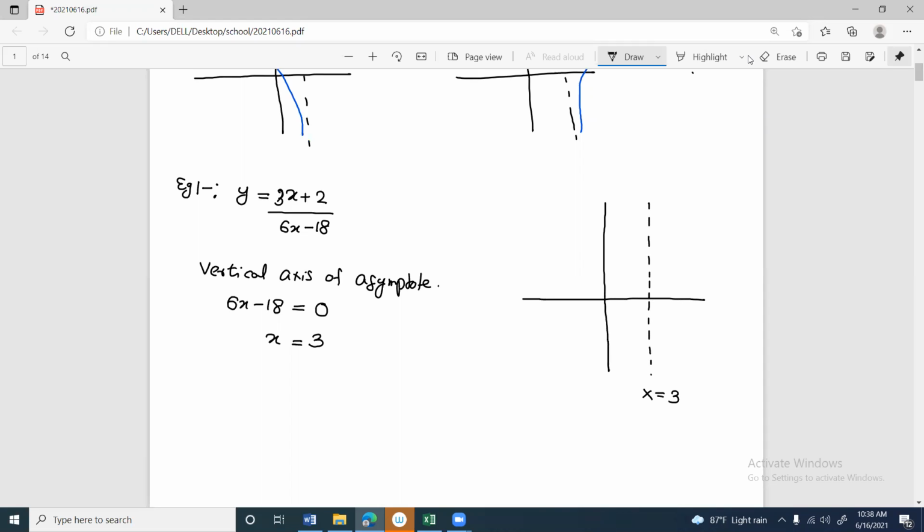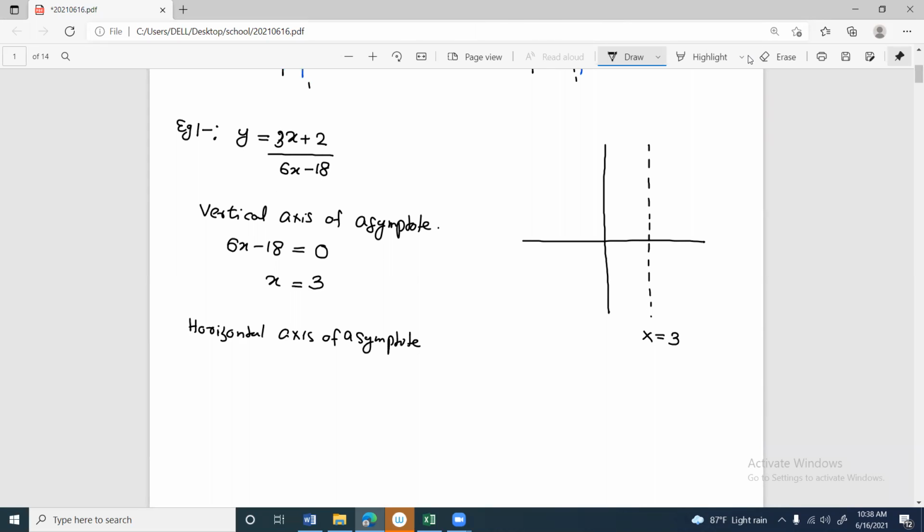Then we need to find the horizontal axis of asymptote. It's pretty simple.